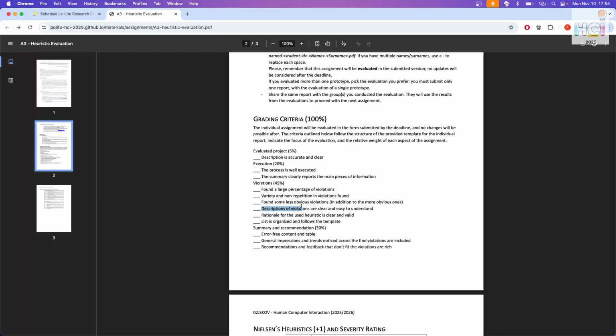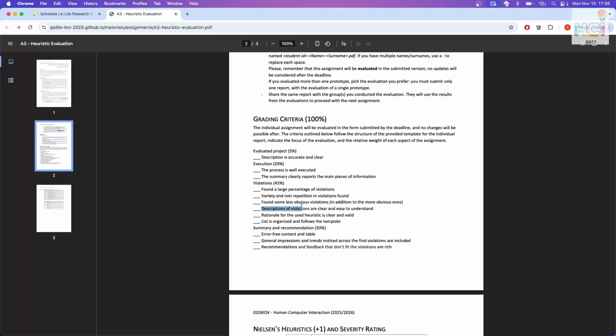So we assume that what we find in the document is something that you, of course, discovered on the prototype, but we will not check on the prototype. We will just check the description of your violation to see if it's well written, if it's understandable, if the description is clearly linked to the heuristic and stuff like that, okay?